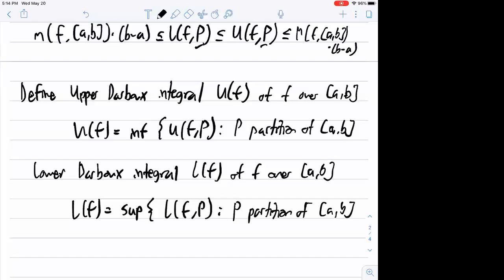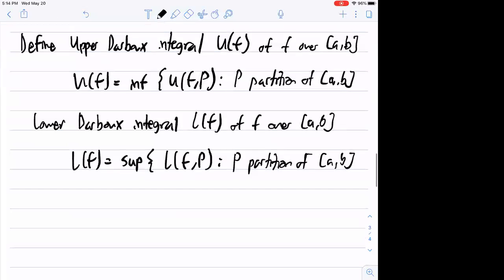Recall when you learned limits, how do you approximate a limit? You take the lim sup and lim inf, and if they're equal, then it's the limit; if not, then it's not. So you could think of U(f) as approximating the integral from above, and L(f) as approximating it from below, kind of like lim sup and lim inf.